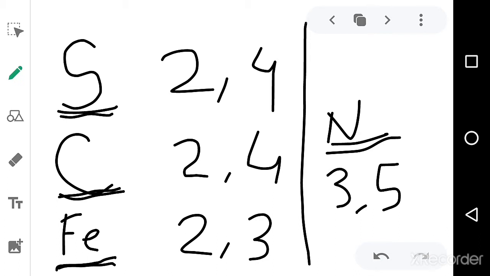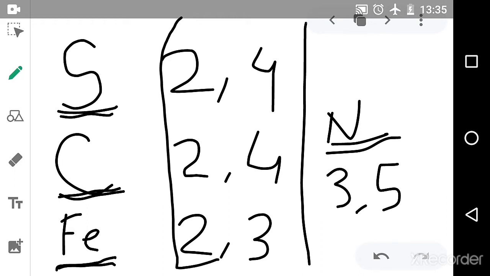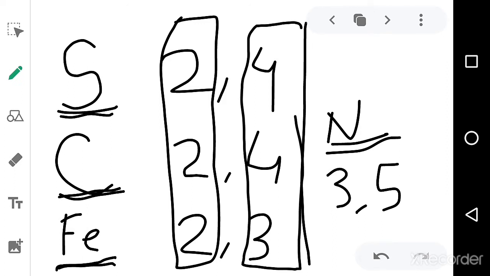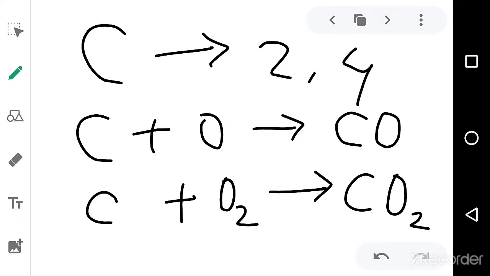It means that while reacting with some element, they may use the first valency, or while reacting with another element, they may use the second valency. So this is variable valency.